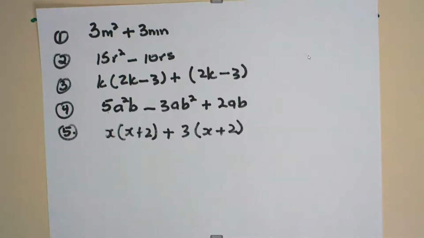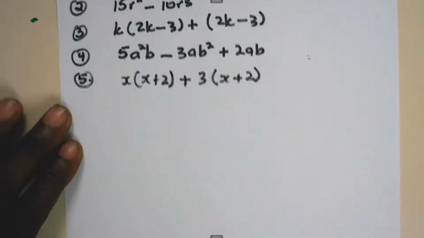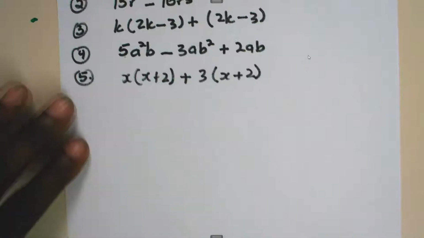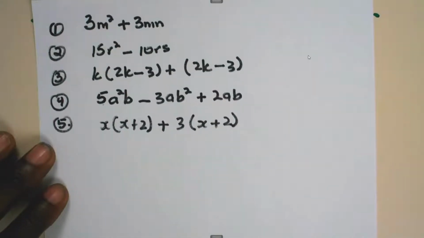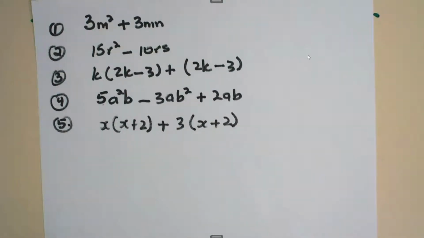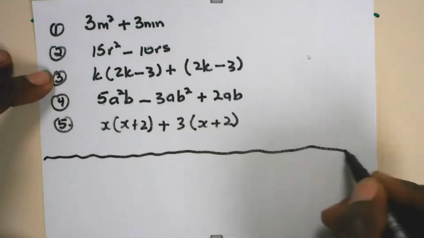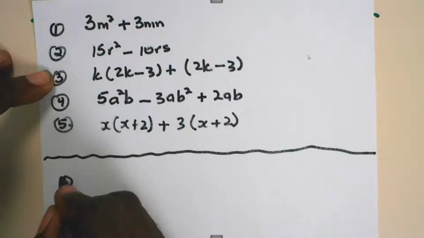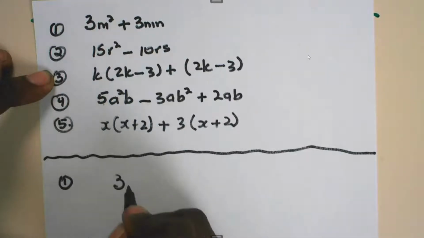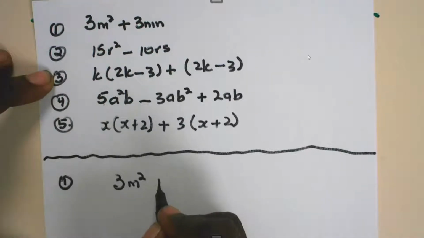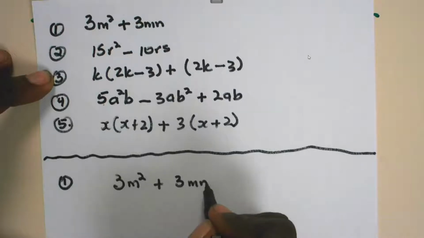Now, let us start with the first one. There are several methods that can be used in order to find the answer to this. I'll switch to those 2 methods, and then thereafter you'll see what we can do. Let's start with number 1. It is 3m squared plus 3mn.